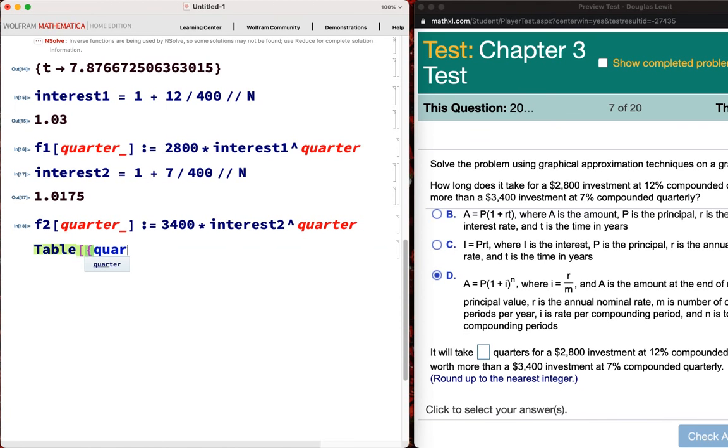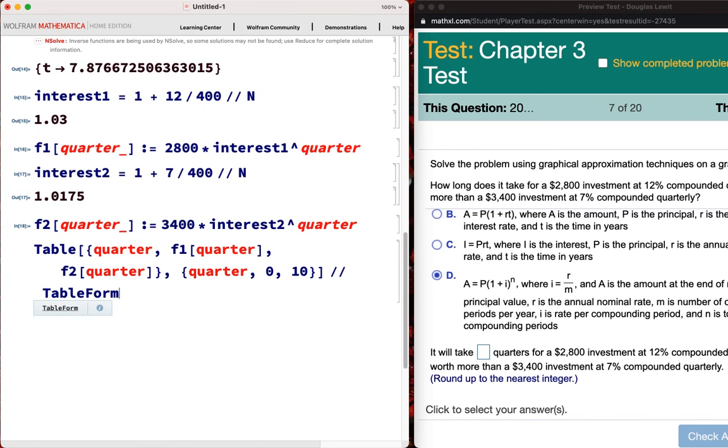Table, quarter, F1 quarter, F2 quarter. Quarter is my variable. I don't know, let's go from 0 to 10. I'm just guessing. Let's go from 0 to 10 quarters. Okay, and table format.